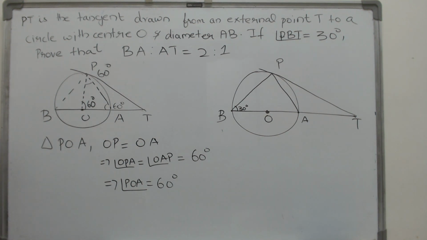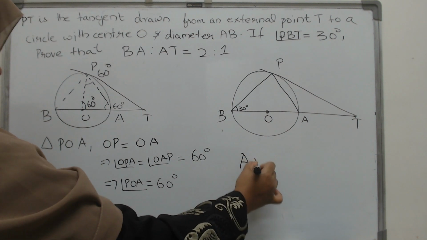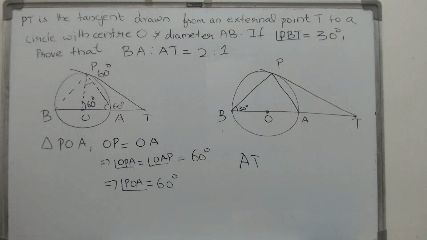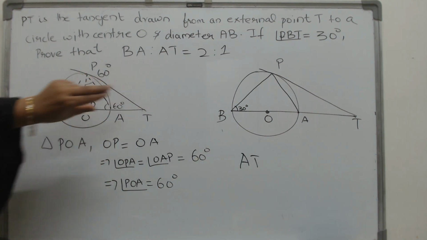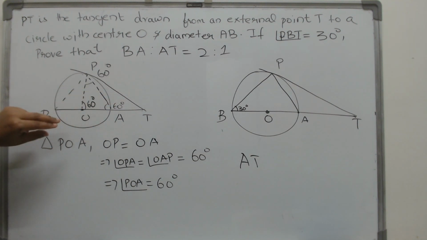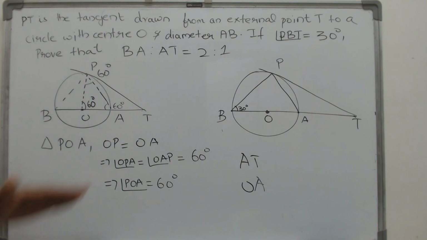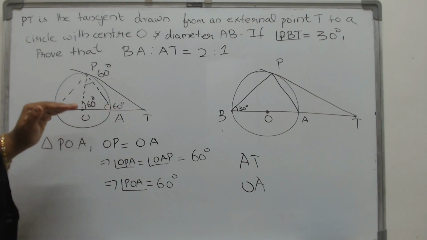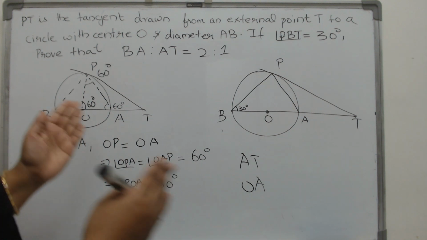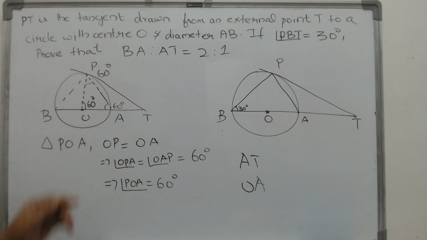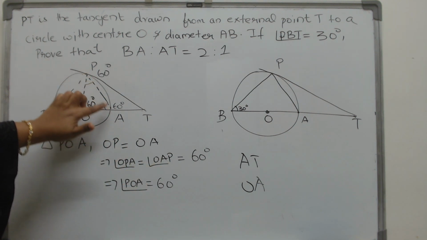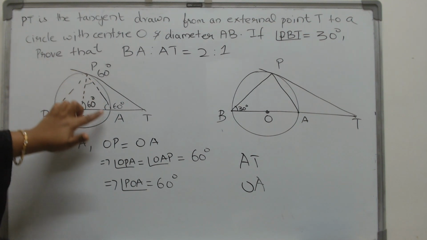What we have to prove is that AT is the same as the radii. What is the nearest radii which is near to it? It is OA. Now what we are trying to prove is that AT and OA are the same. So there is no direct connection between them, so we are connecting them with respect to this PA in between.